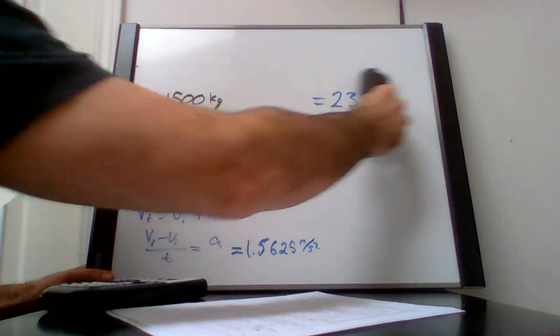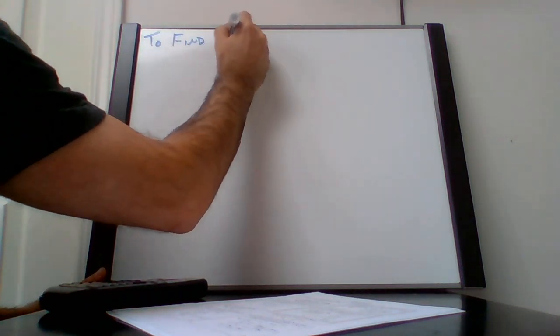Okay, 2 last examples on this page. We've got Stan and Kyle pushing a 75 kilogram sled along a frictionless ice rink. Stan pushes with 55 newtons, Kyle pushes with 45 newtons. Find the sled's acceleration. So we've got this little note here to find F net.